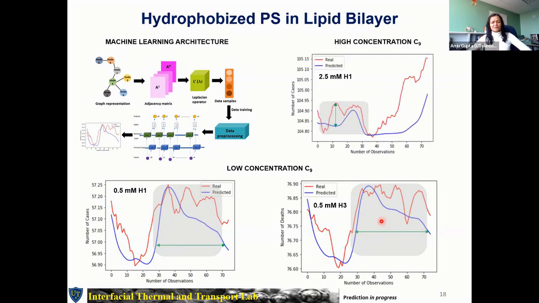And we also increased the concentration, and we saw something similar, that it was able to predict the location, but we also noticed that it kind of missed a peak at lower temperature, which could be just noise. And so machine learning models are still in progress. We are open to collaboration. We have tons of experimental data that we would love to use to train the models.